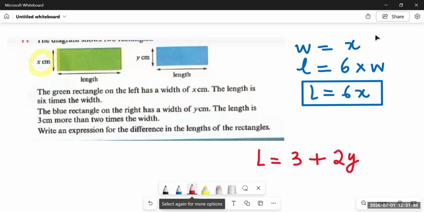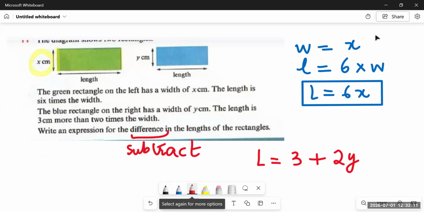Okay. Now, what do you have to do? You have to write an expression for the difference. Difference means subtract. Oh my God, they are introducing so much. Now you have to subtract the lengths of the rectangles. The green rectangle is bigger and the blue rectangle is smaller.